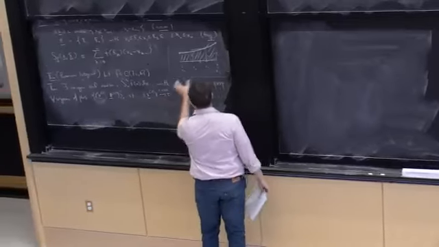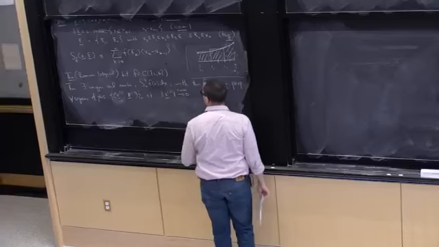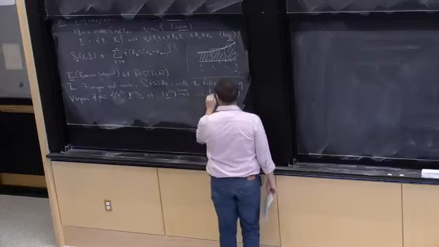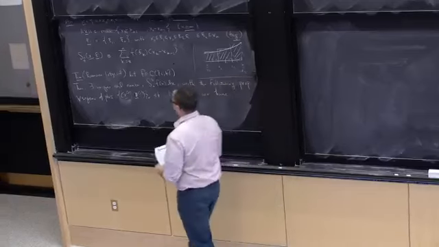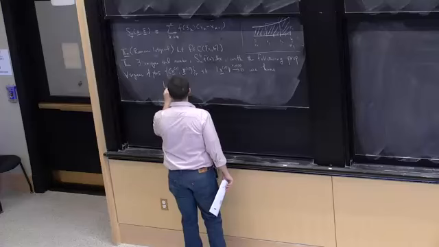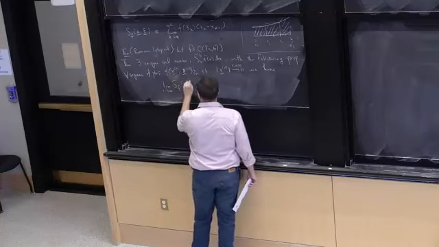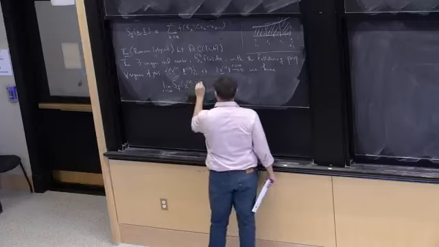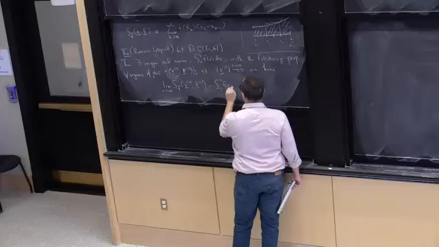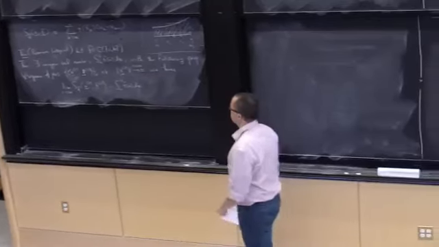Remember, the norm is the length of the longest subinterval I have. So for all sequences of partitions with norms converging to 0, we have that the limit of the Riemann sums exists and equals this number, which we refer to as the Riemann integral of f.